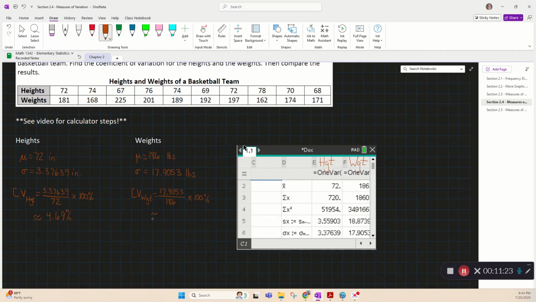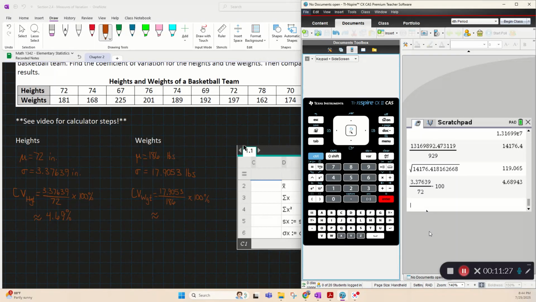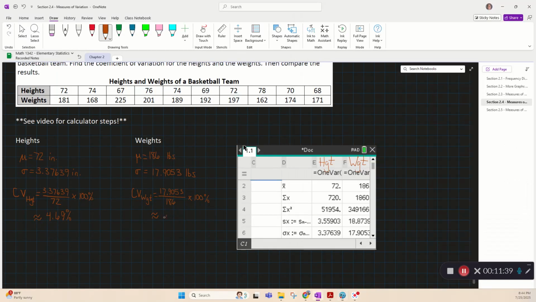It's going to be approximately, let's see. 17.9053 divided by 186 times 100. 9.63%. Okay. So there's our coefficient of variation for both of them.